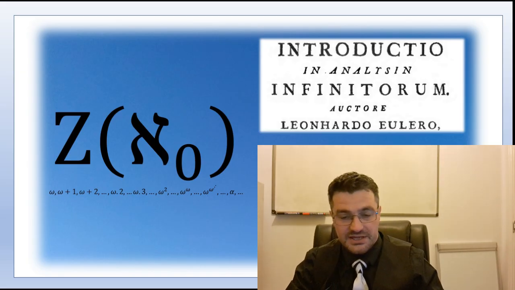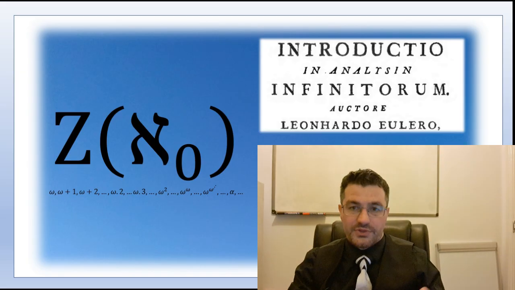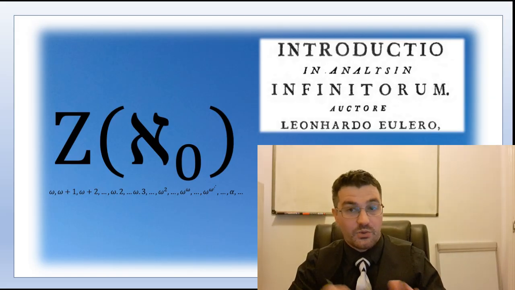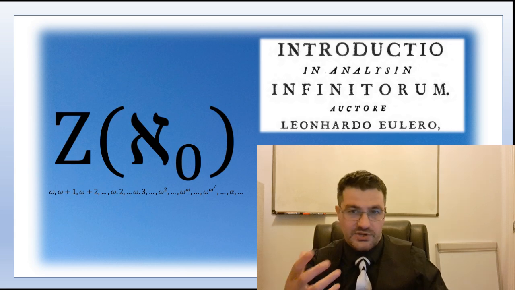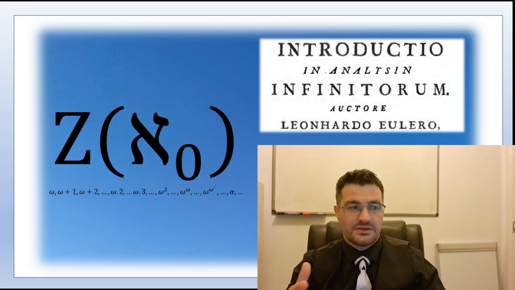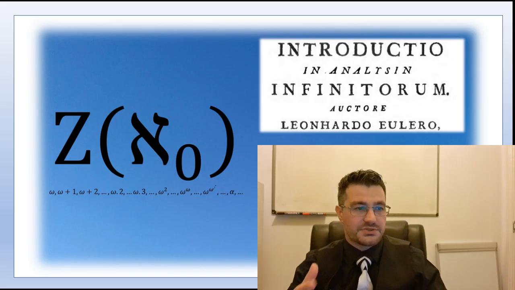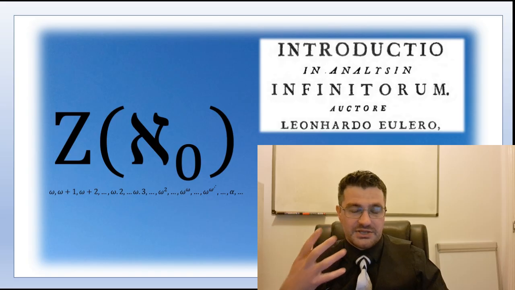As we go through this video, there are going to be a few instances where I'm going to have to break away from what Euler's doing and try to explain some of the techniques that he's using, because some of them are initially quite strange from a modern perspective.